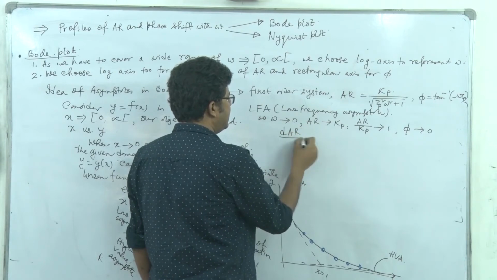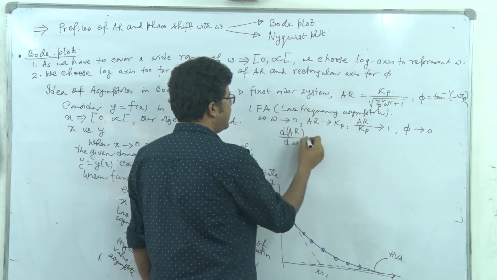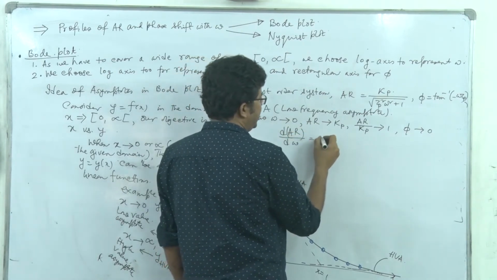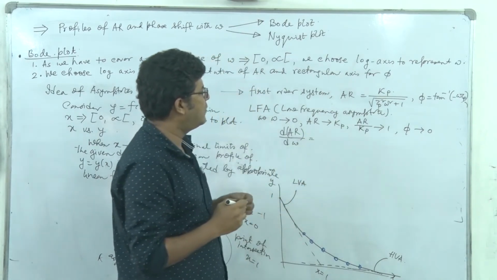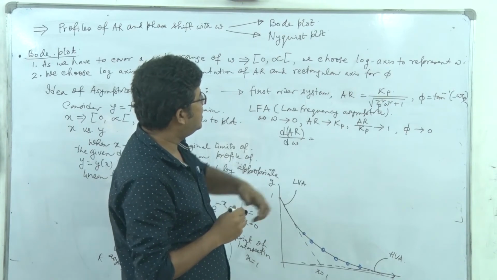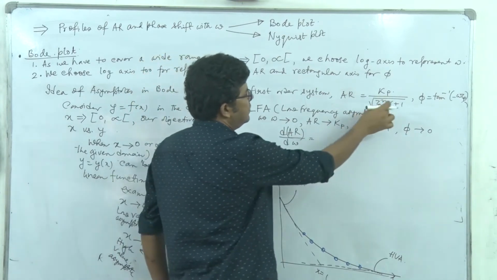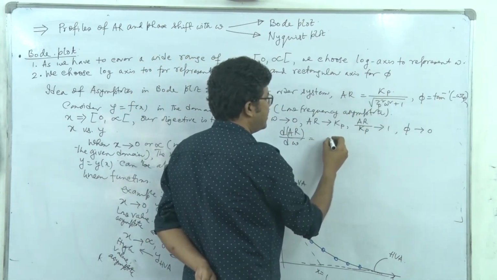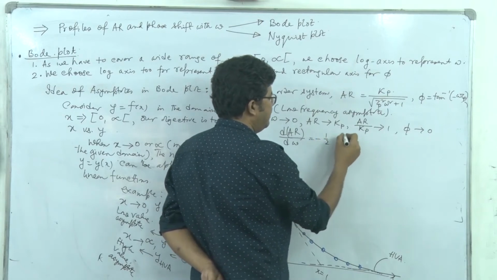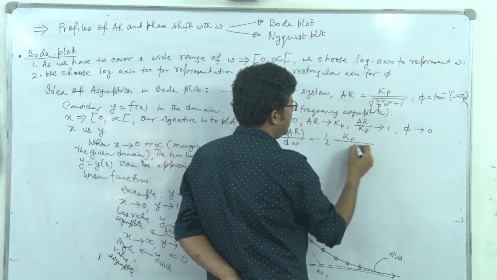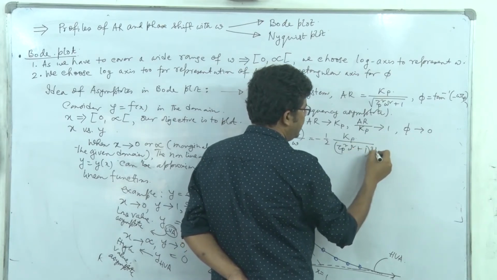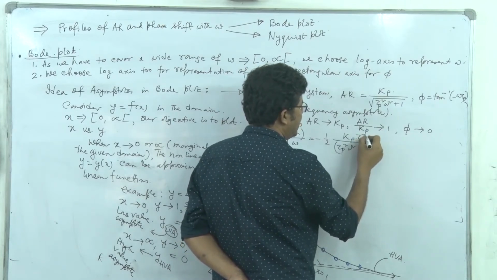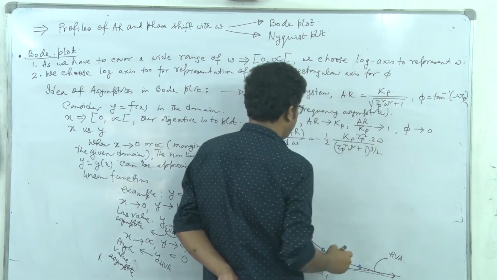dAR d omega, so it will be definitely, you see I am not going to find out the entire derivative, but you can see this omega, okay, let me solve it, minus half Kp (tau p square omega square plus 1) whole to the power 3 by 2 into tau p square into 2 omega, right?